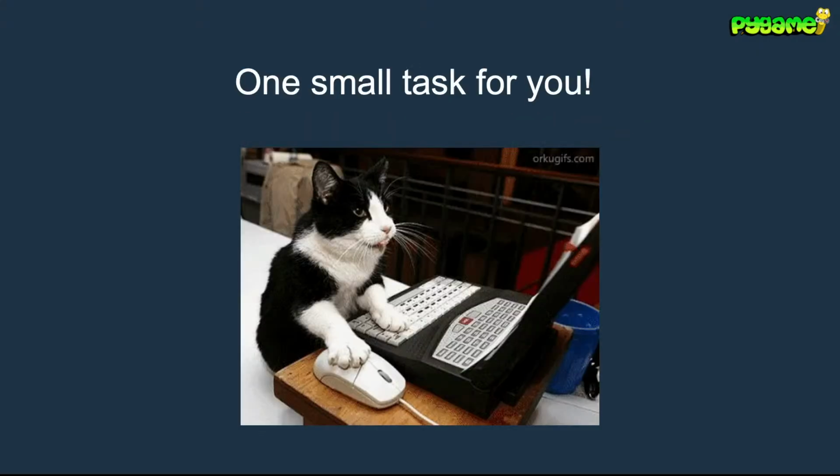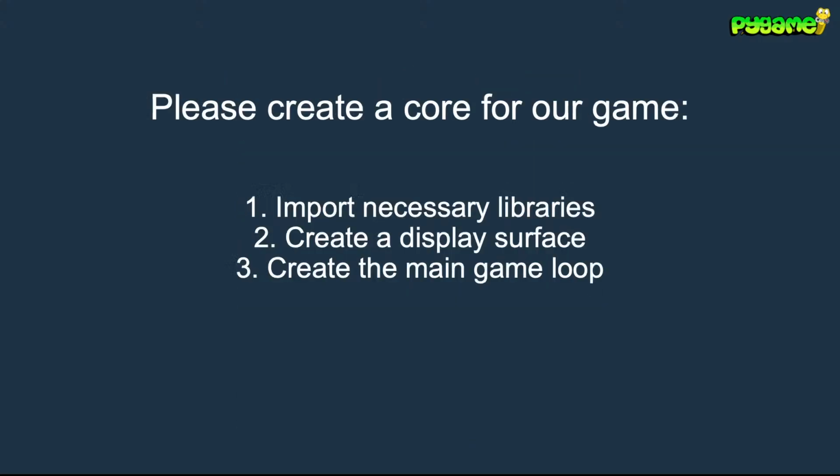One more small task for you: you need to create this core. How to do it? We need to import the necessary libraries, create the display surface, and then create the main game loop. I'll give you 2 minutes. Please do it. We learned it in part 1.